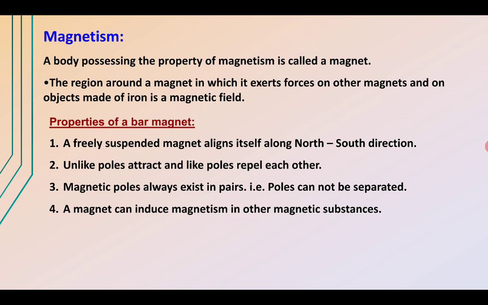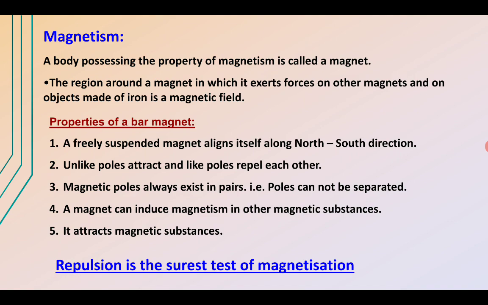And again, we know that a magnet always attracts the magnetic substances around it, like iron filings and other magnetic substances. So these are the basic properties of a magnet. Now the most important thing about a magnet is that repulsion is the surest test of magnetization.